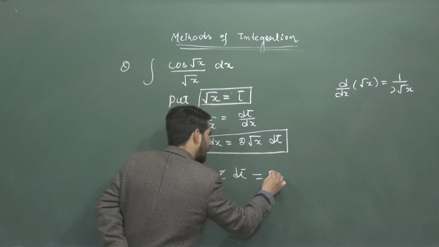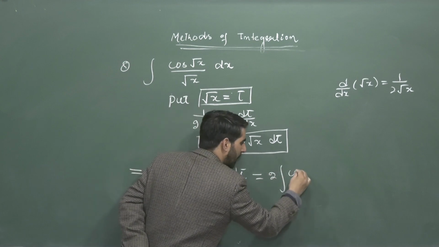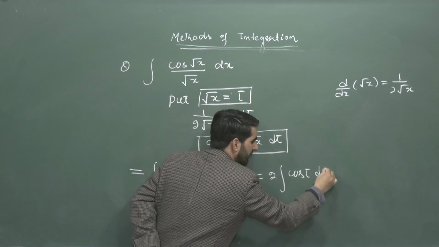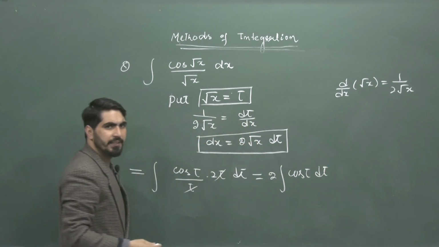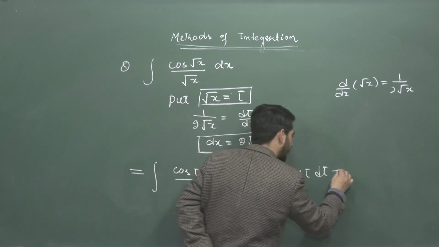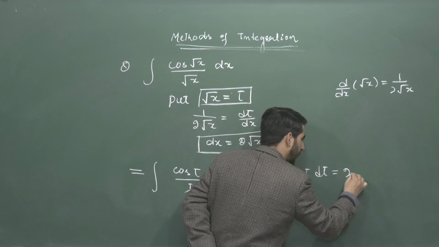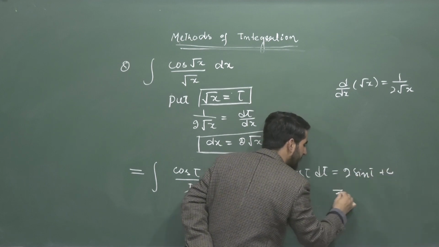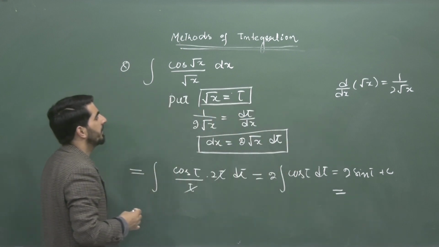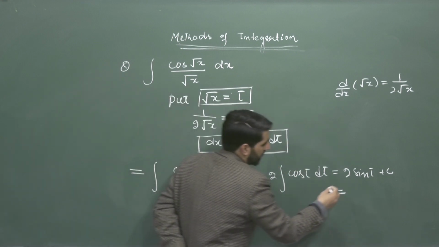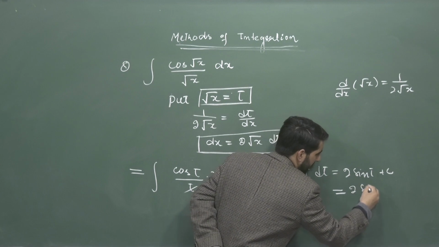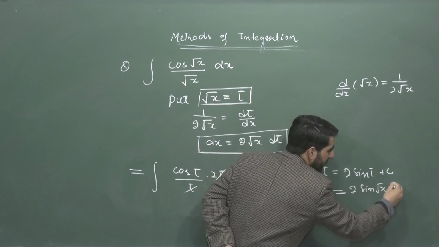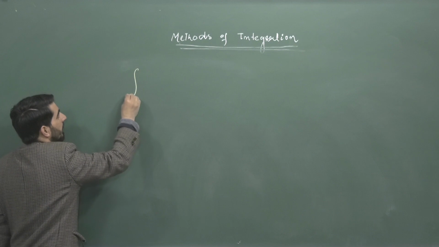This will be twice integral of cos t dt. So as we know that the integration of cos t is sin t, that will be twice of sin t plus c, replacing the value of t, that is root x, so twice sin of root x plus c.